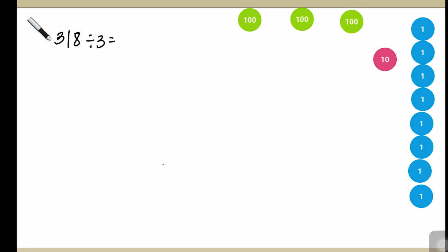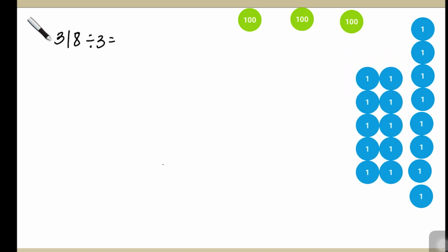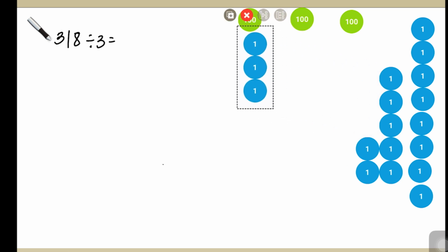Can I divide 1 ten by 3? I can if I rename it into ones. Alright, so I now have 10 ones plus 8. I have 18. Okay, so 18 ones divided by 3 will give me, so let's distribute this.